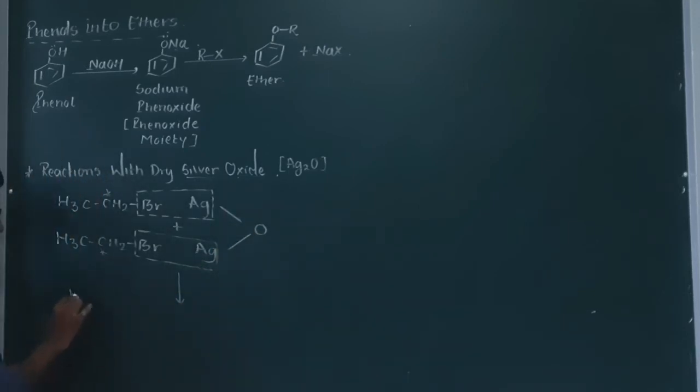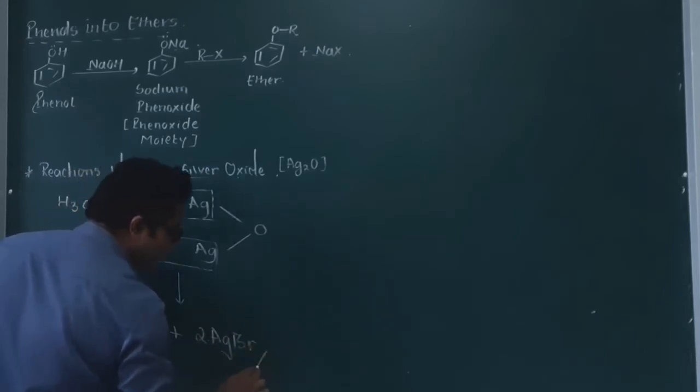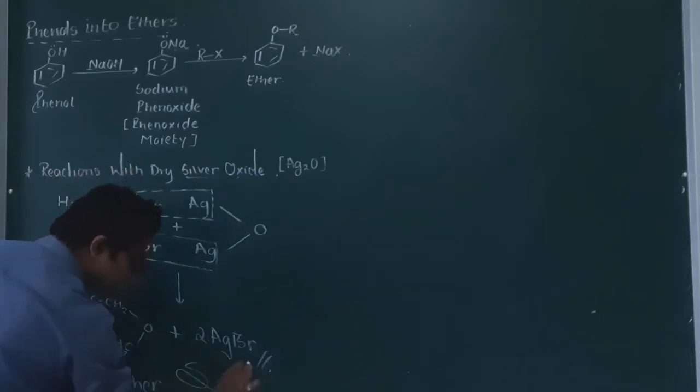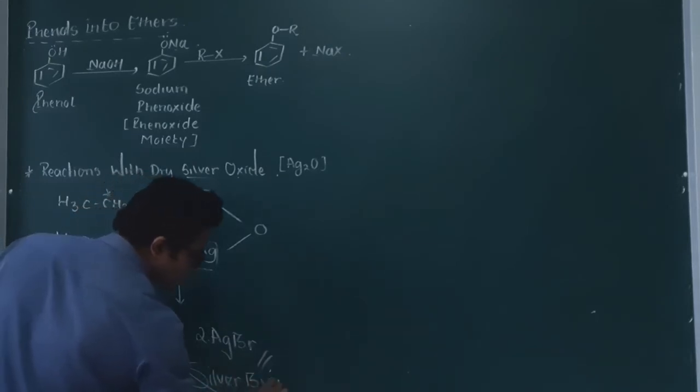In short, it gives us CH3CH2OCH2CH3 plus 2AgBr. Correct. So it has given rise to diethyl ether along with silver bromide.